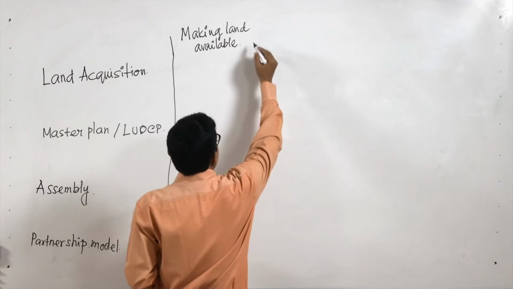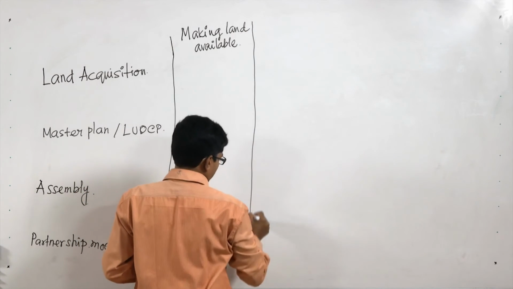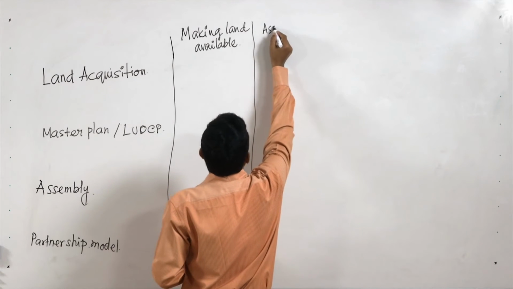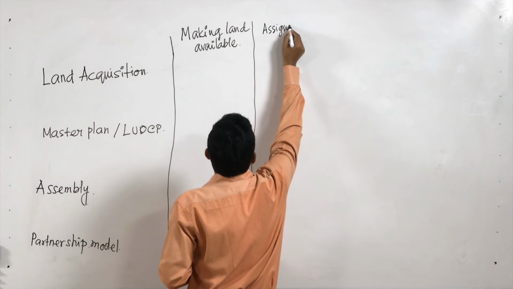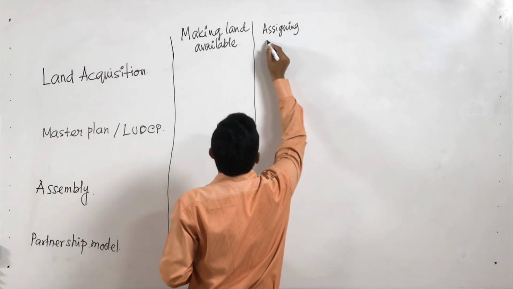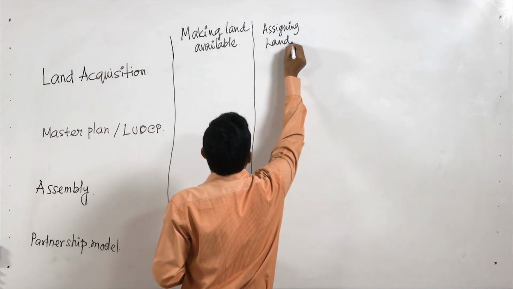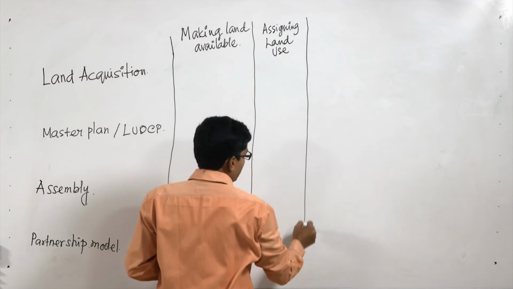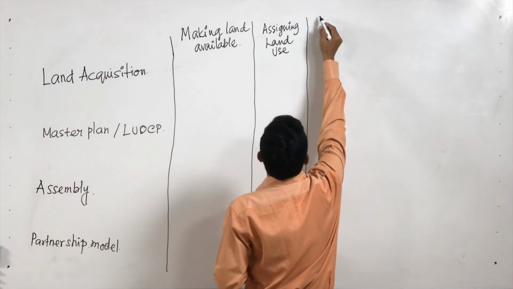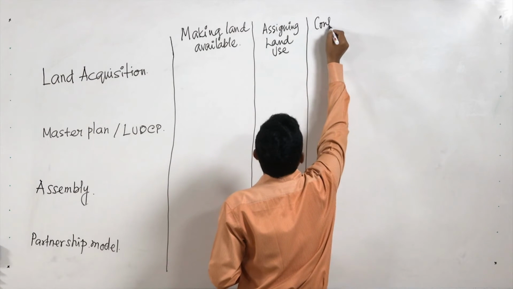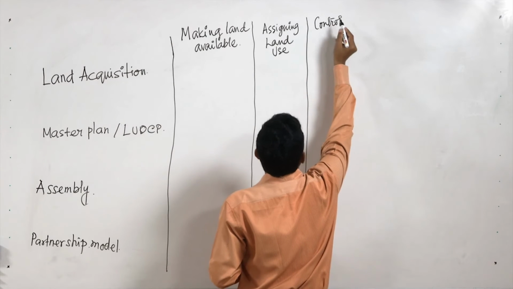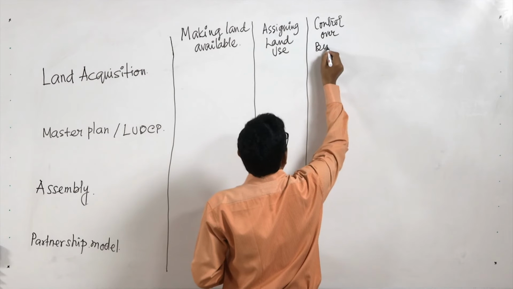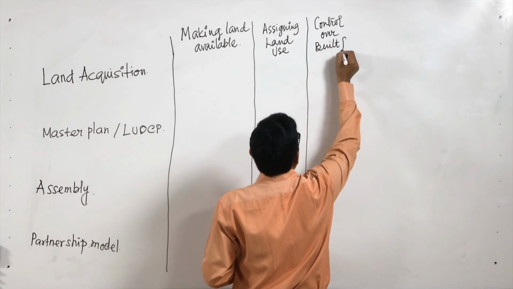The second stage is assigning land use. Then the third stage is control over the built form.